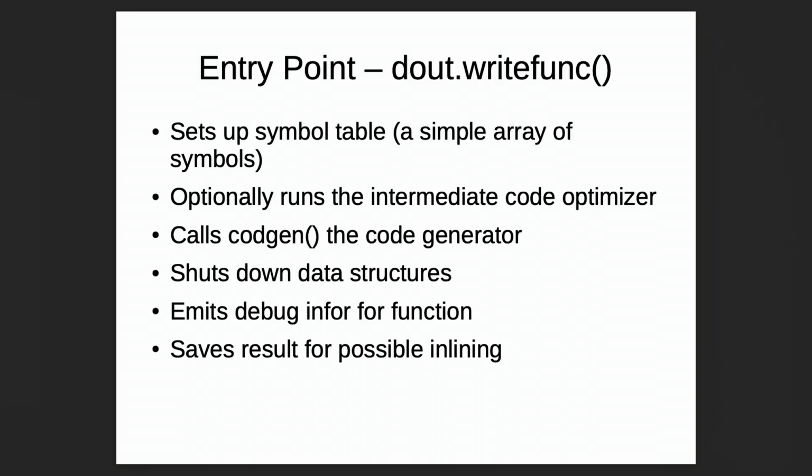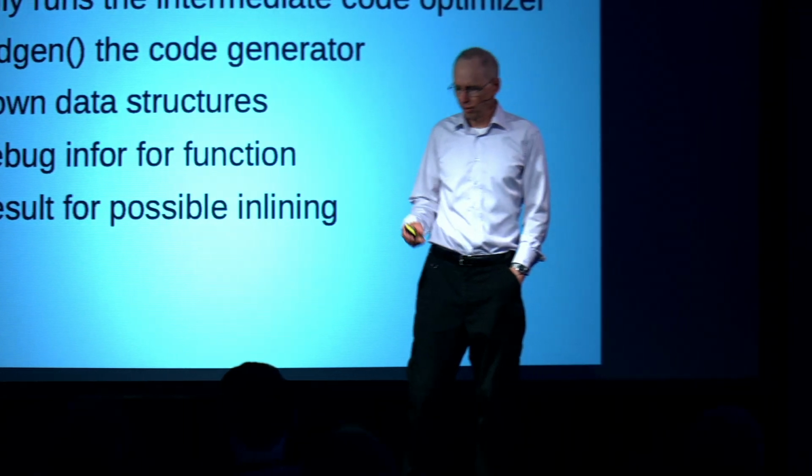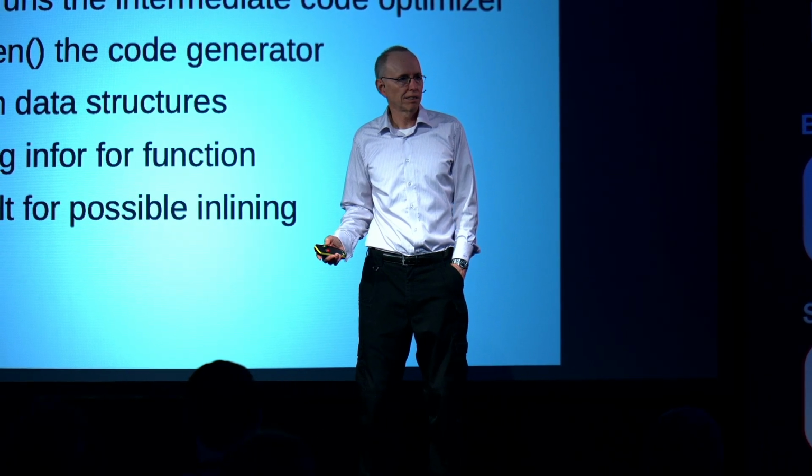What that writefunc does, first it sets up the symbol table. And the symbol table is a symbol table of local symbols, which include the parameters. It optionally runs the global data flow analysis optimizer. So that's the entry point for the optimizer. Then it calls CodeGen to generate code for it, shuts down the data structures, emits debug info for the function, and optionally saves the result for possible inlining later.